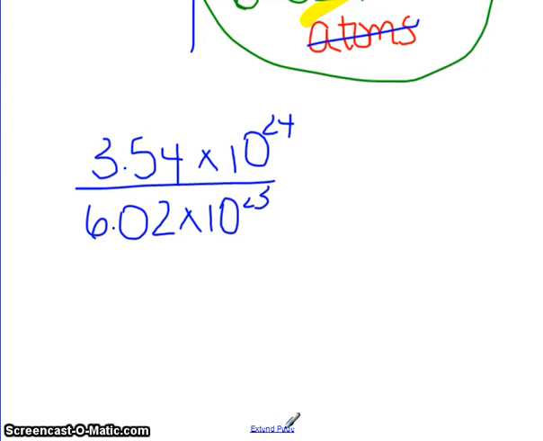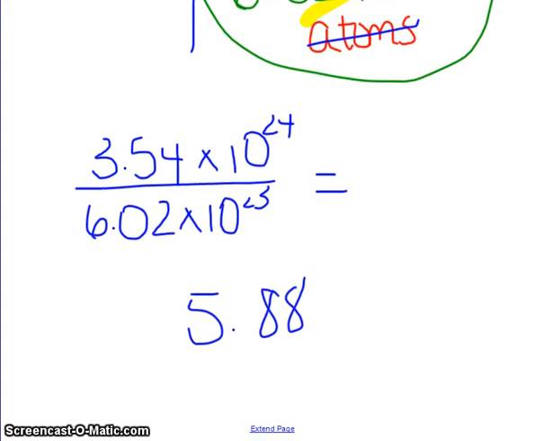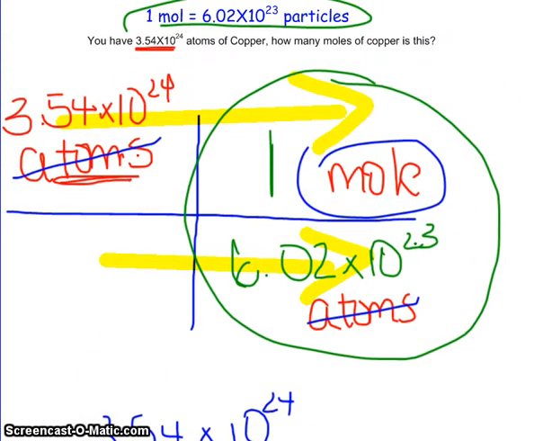The top number divided by the bottom number. So 3.54 times 10 to the 24th divided by 6.02 times 10 to the 23rd will give us approximately 5.88. And our unit, since atoms and atoms canceled out, is going to be moles. So we have about 5.88 moles of copper in this amount of copper.